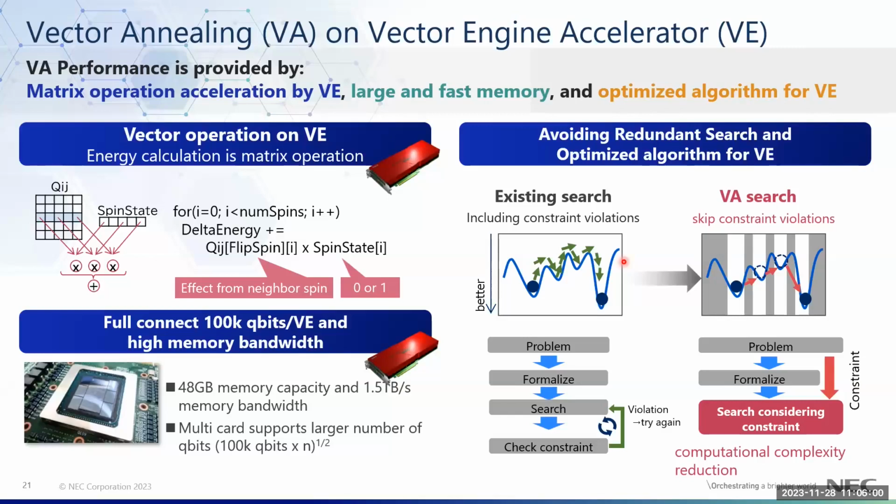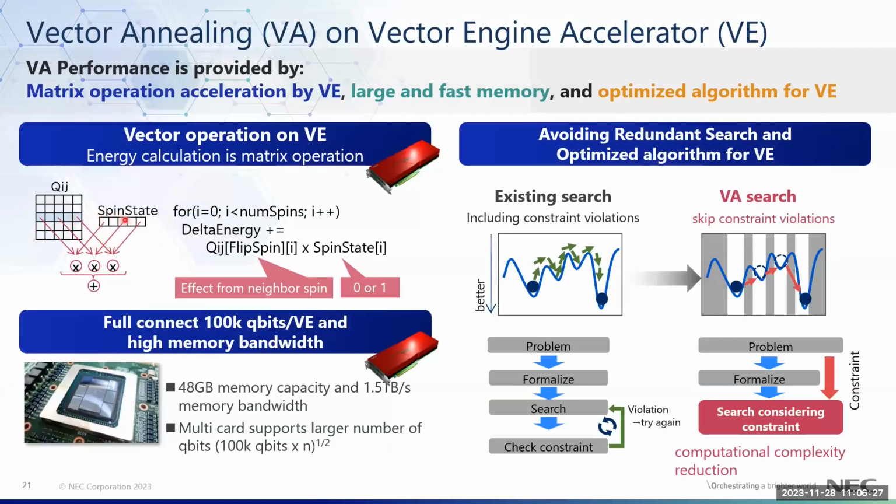Speaking specifically of the vector engine and the vector annealing, how does it help? So when we spoke about simulating the idea of annealing, you see that the energy matrix and the spin states, when you try to simulate it onto the classical computer, are actually an example of a matrix vector product.